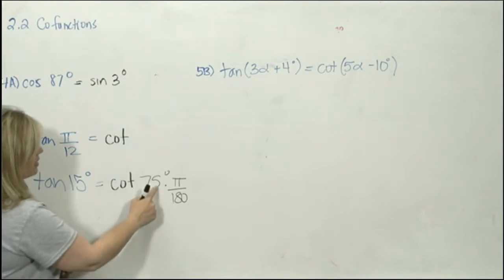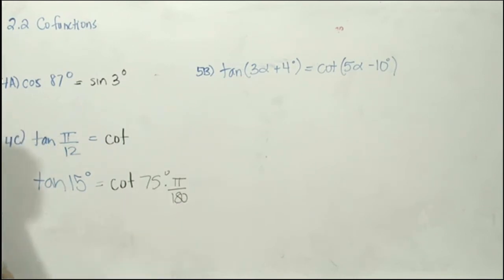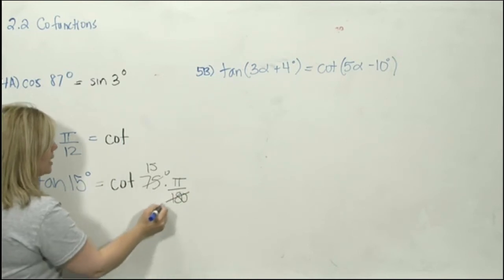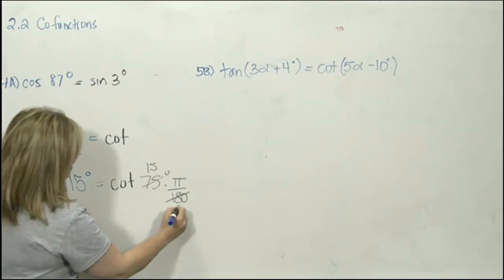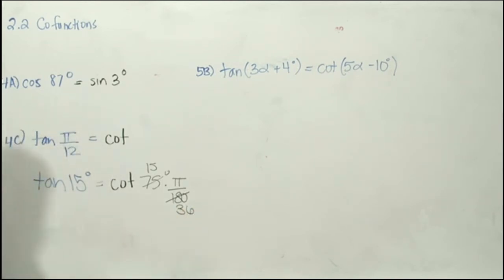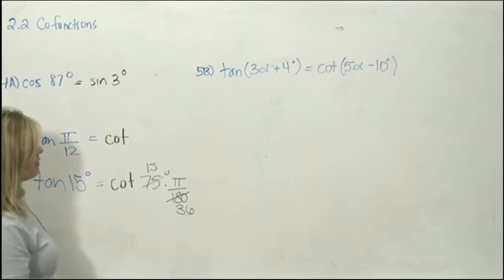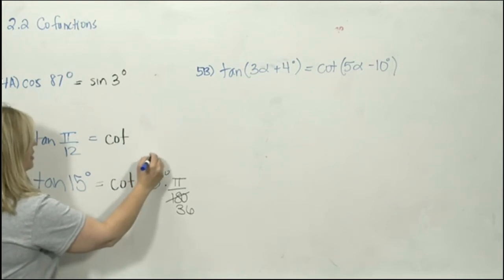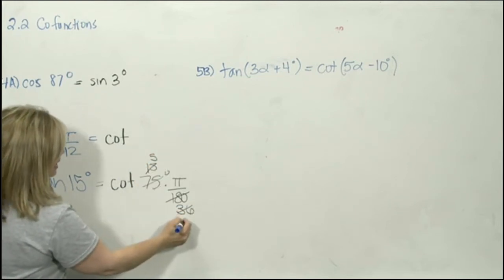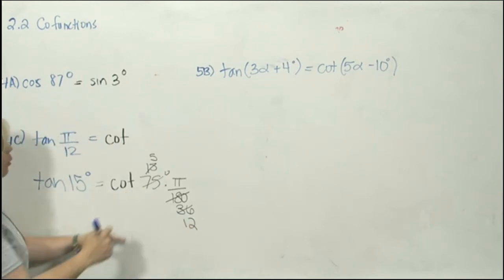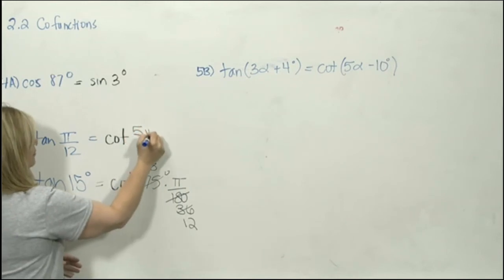If you end in a 5 and a 0, can't you divide by 5? So let's divide 75 by 5, and that gives me 15. Let's divide 180 by 5, and that would be 36. But 15 and 36 have a common factor of, what would that be? 3. So we divide that by 3, we get 5. And we divide that by 3, we get 12. So we can't leave it as cotangent of 75 degrees. We'd have to write it as cotangent of 5 pi over 12.